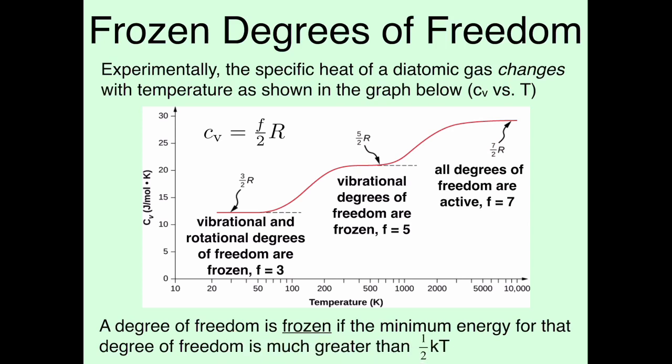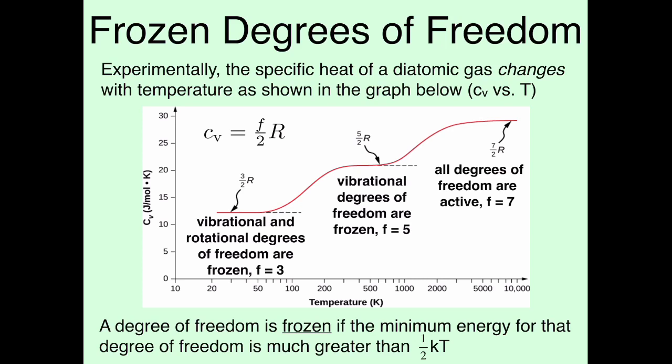So all I'm showing you here is just some sort of experimental data. It's just the fact that at low temperatures, you freeze out vibrational and rotational degrees of freedom. At kind of medium temperatures, you freeze out the vibrational degrees of freedom. And then it takes really, really high temperatures until all of those degrees of freedom become active.